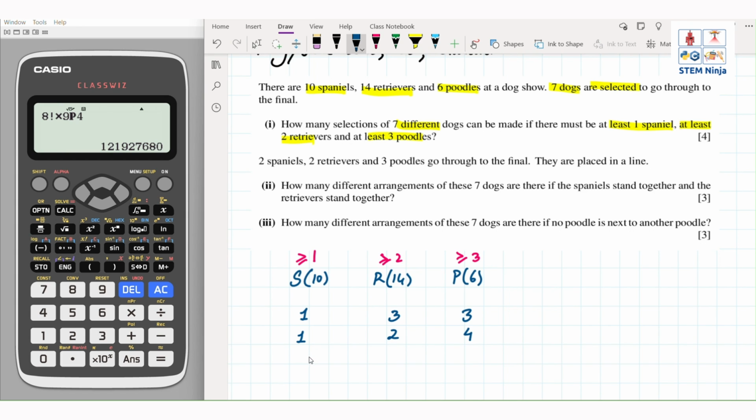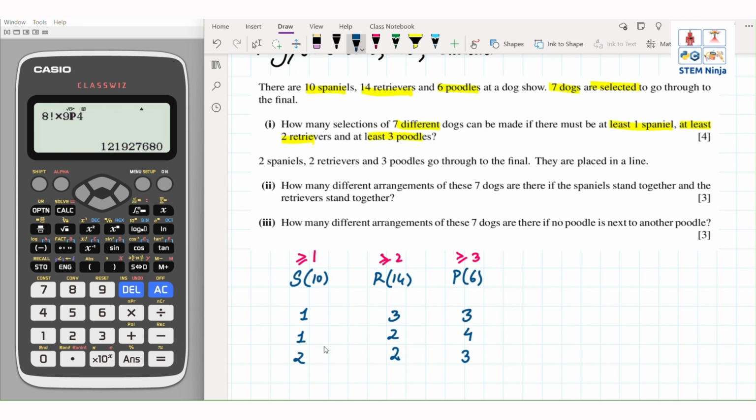Now, greater than or equal to 1. Now I think we can add one more spaniel. A spaniel or 2, that means, let's say we can keep 2 retrievers and 3, 2 plus 2 plus 3, 7.